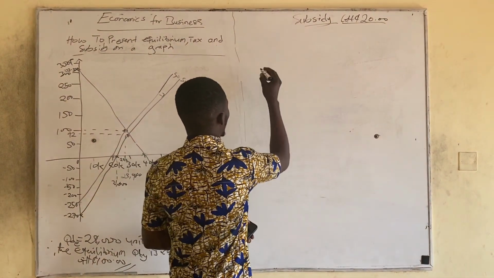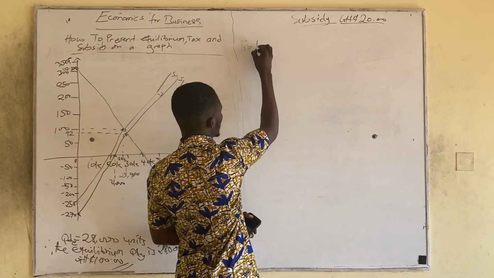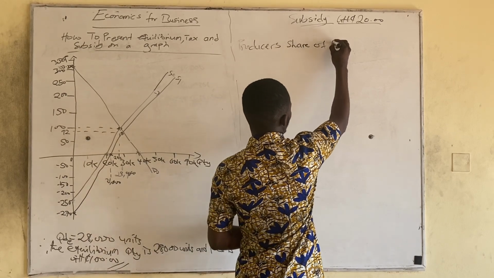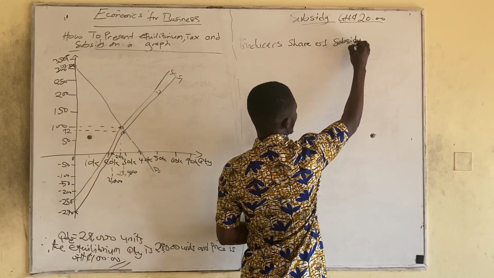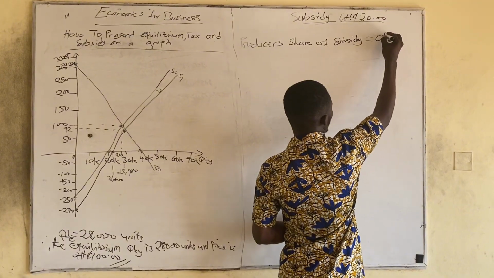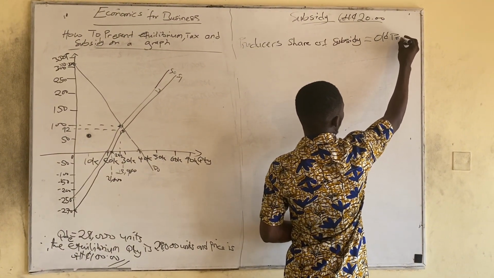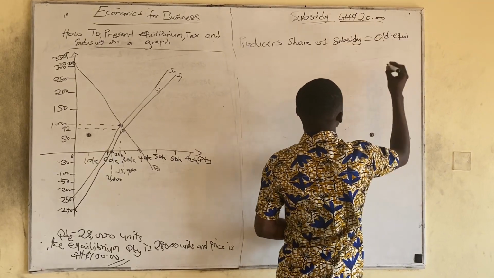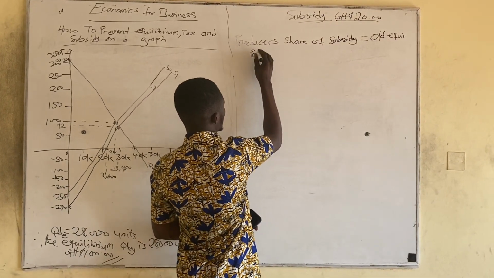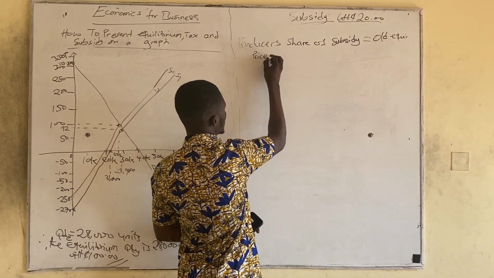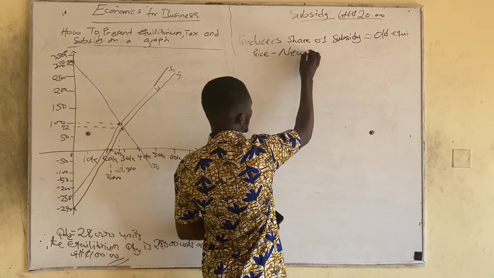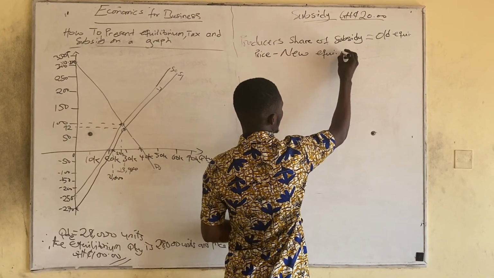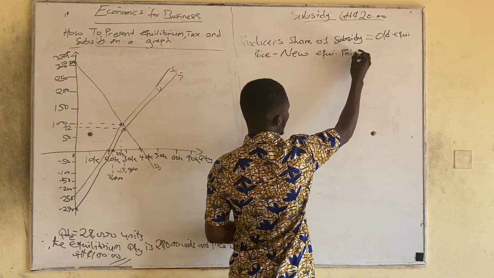Okay, so here, producers' share of subsidy equals old equilibrium price minus new equilibrium price.